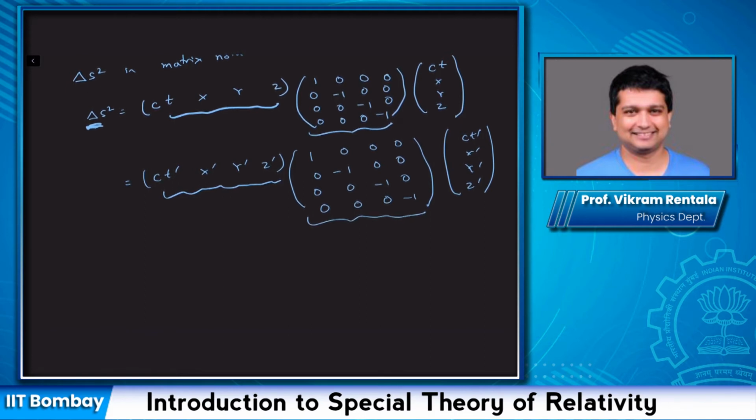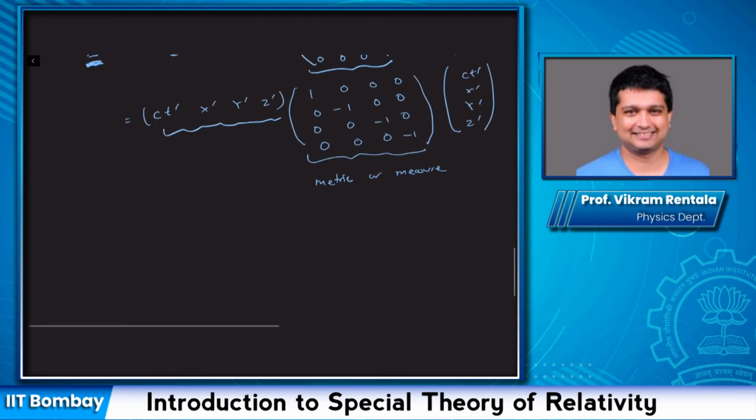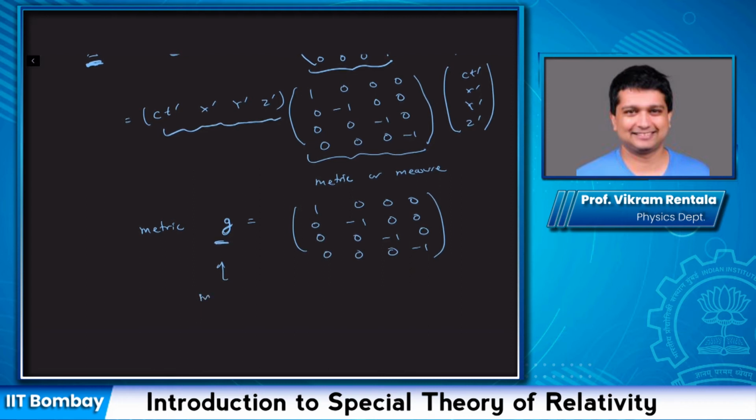This matrix is called a metric, or measure of space-time distance, and this metric is denoted with the symbol G. Okay, so it's a matrix with symbol G, and this matrix is just the one that we've written down over here. So G is what we call the metric, or measure.